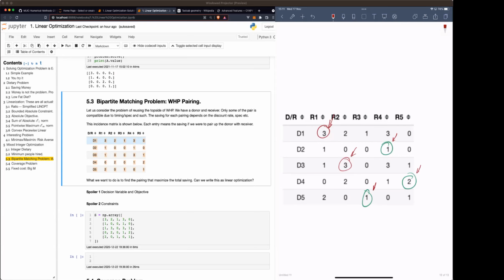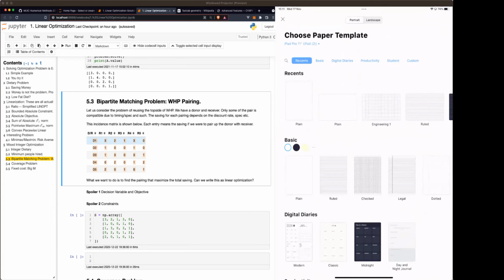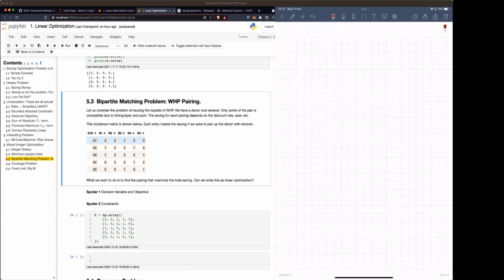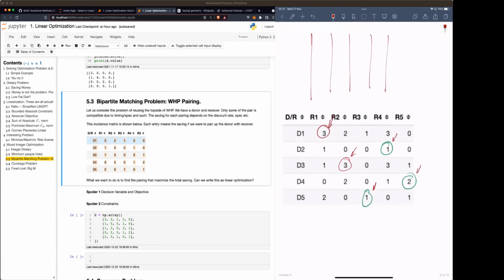So the simplest way to do this is to make another 5 by 5 matrix. 1, 2, 3, 4, 5. I have grid paper, so why do I bother? Let me just use this.